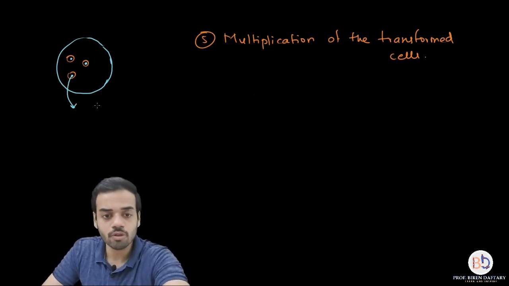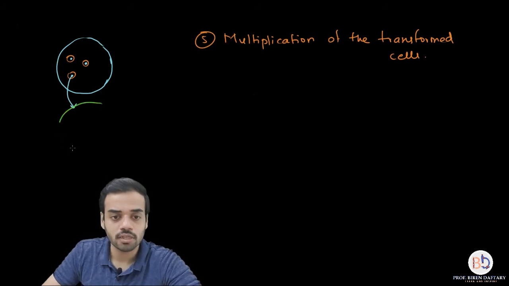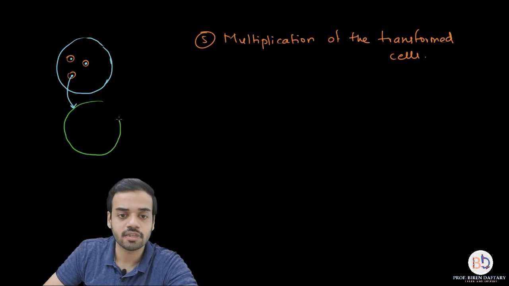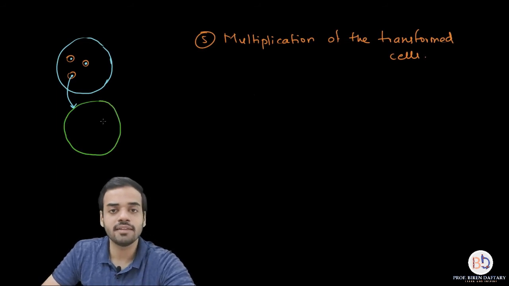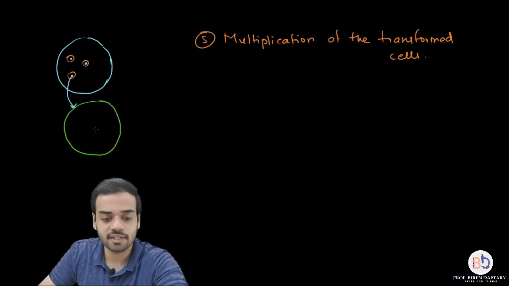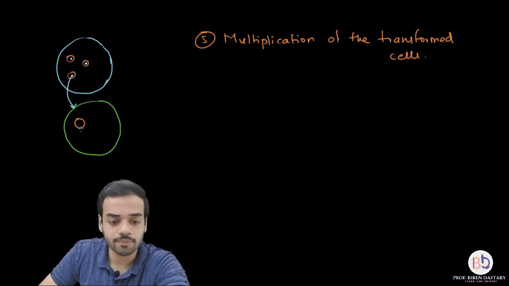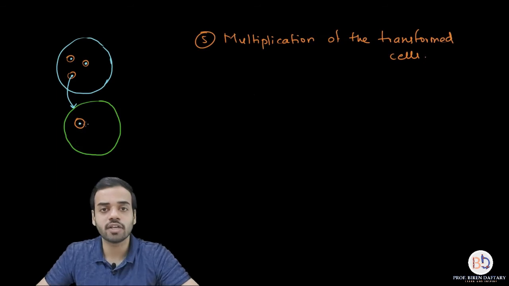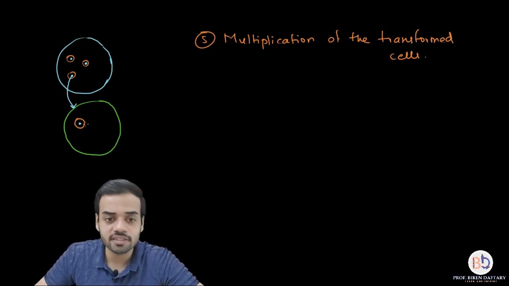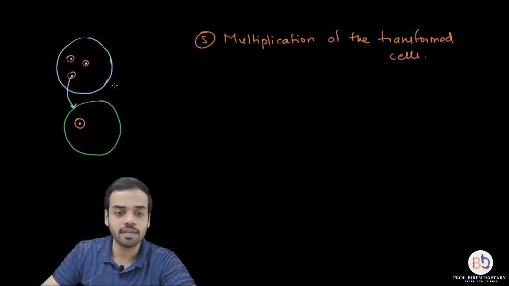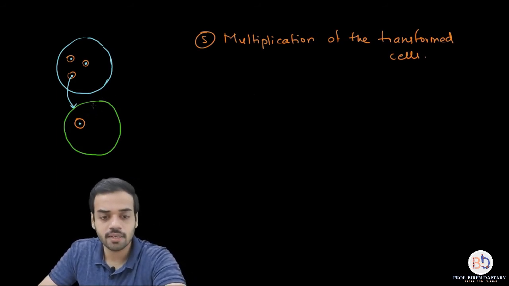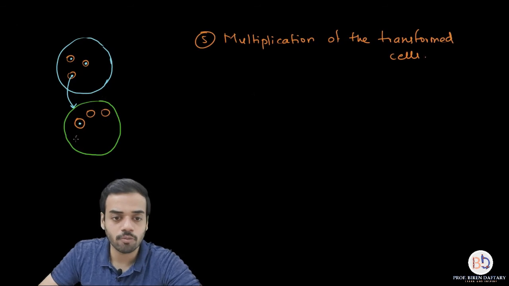So I am going to show the new plate with a new color. I take another plate, a plate with nutrient medium, and in that I insert that transformed bacterium. This is the transformed bacterium, and over a period of time, because of cell division, that bacteria will keep on dividing, multiplying, and there will be many bacteria formed.